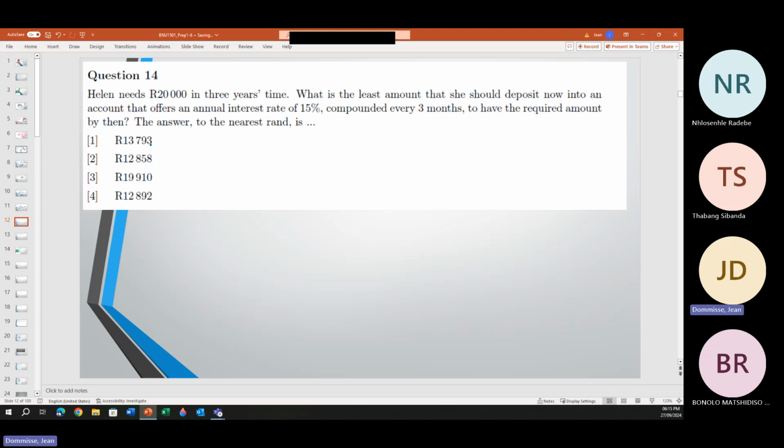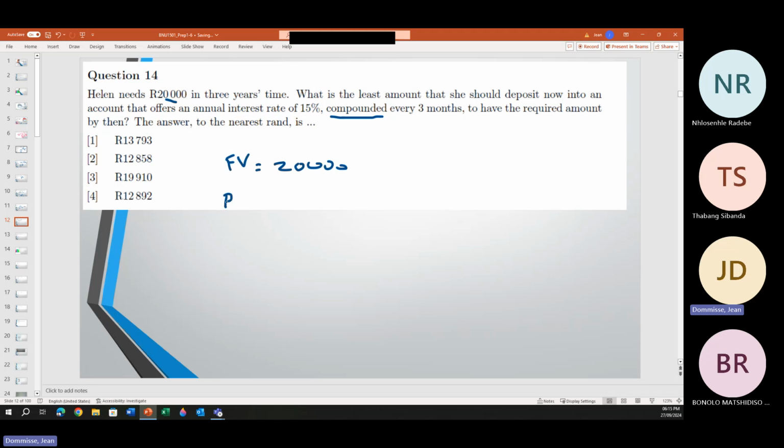So that is also always when we see compounded, we know that we can work with compound interest. Helen needs 20,000 in 3 years' time. So that's the future value. What is the least amount that she should deposit now into an account?